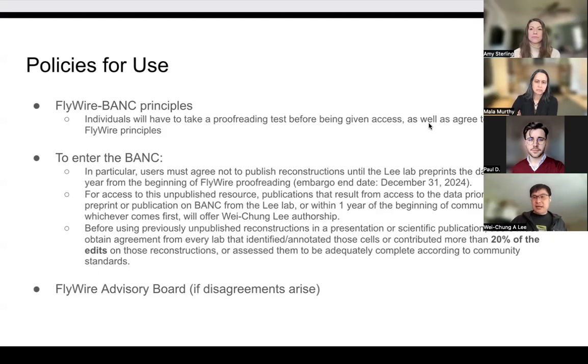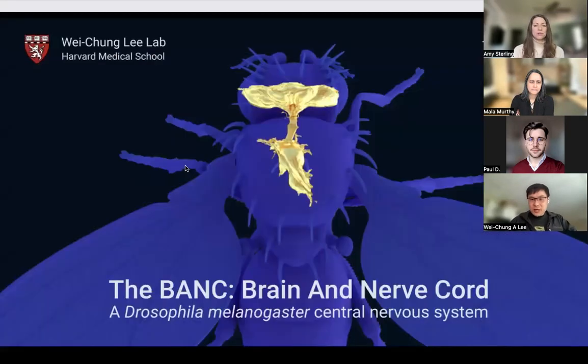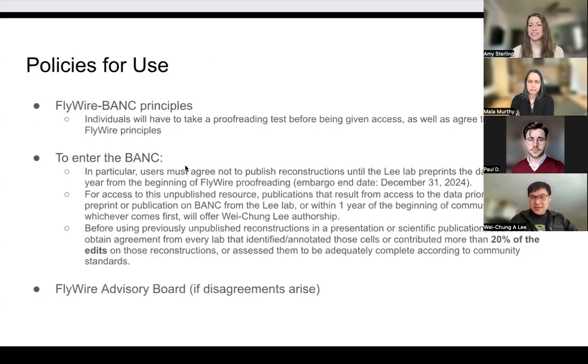And so that's the end of 2024. And for access to this unpublished resource, we ask that if your work after entering the bank has been meaningfully impacted by access to the data, you consult myself about authorship.